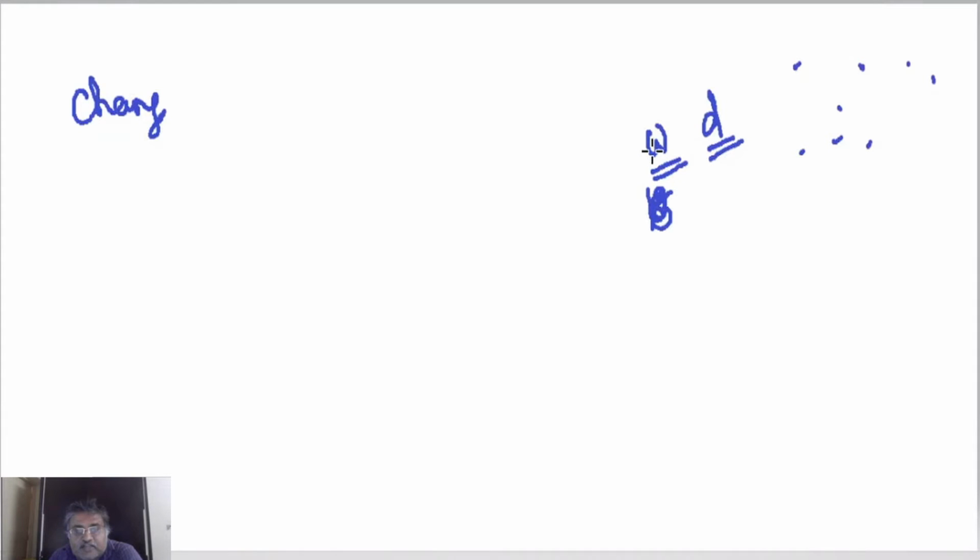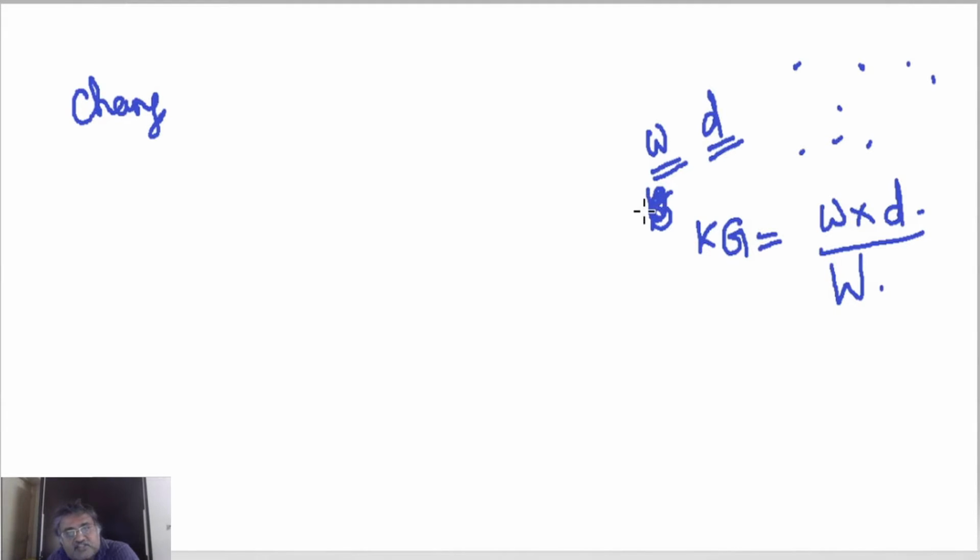So let's assume one of the weights is w, and it is moved a distance d. Then the distance through which the ship's center of gravity will move is w into d by W. If there is a weight on the ship and the weight is moved, then the distance through which the center of gravity of the ship will move is w into d by W.